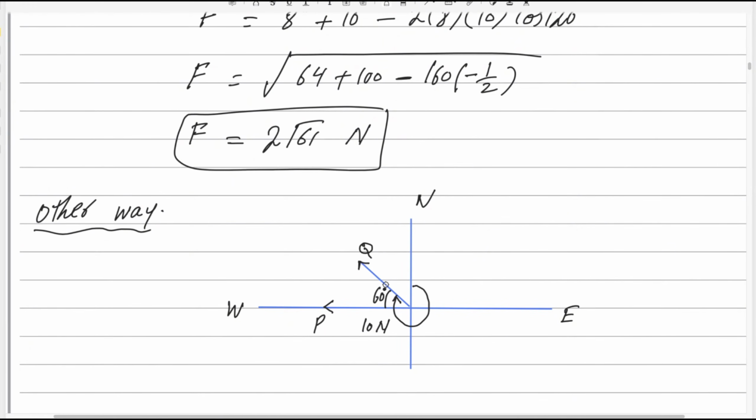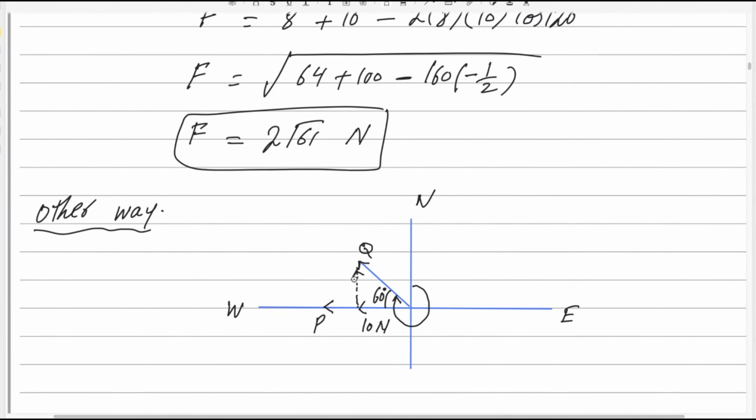Okay, and now we will resolve the forces into its components. How to resolve the force? Only this force is making angle 60 degree with x-axis, so we will draw a perpendicular from the head. We will get two components for this force.